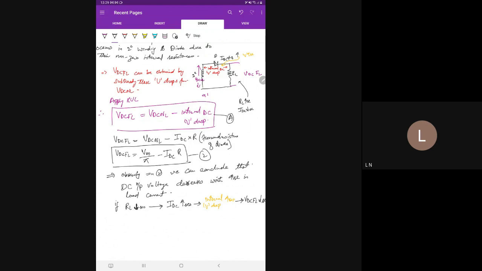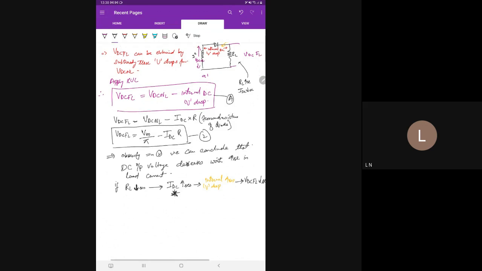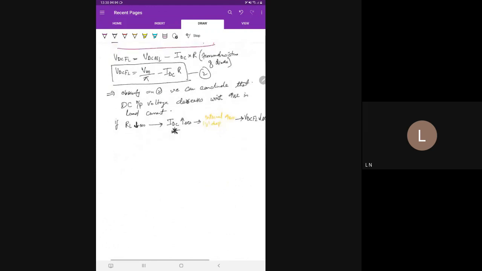So we can conclude that the DC output voltage, VDC full load, which is the DC output voltage when some load is connected and a non-zero load current flows through it, decreases with increase in load current. The load current is your IDC. So when load current increases, the DC output voltage decreases. That is the conclusion for this parameter.